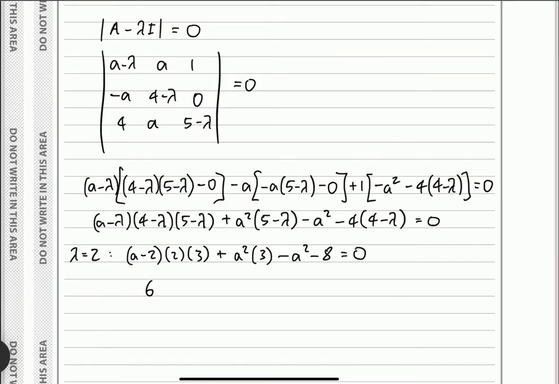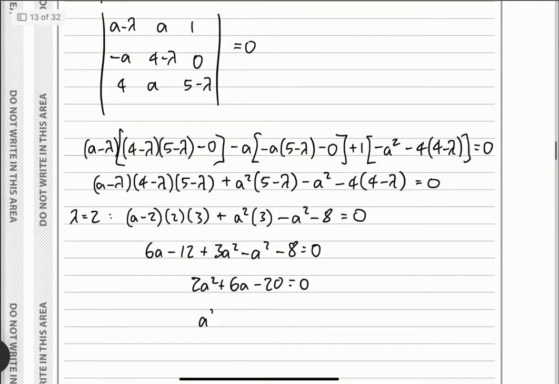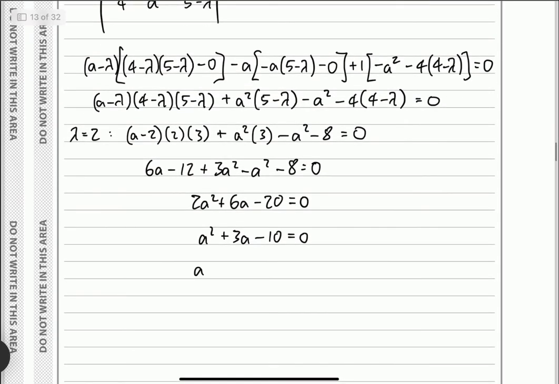That gives us 6a minus 12 plus 3a squared minus 8 is equal to 0. 3a squared plus 6a minus 20... it'll be easier to factorize if we divide. And that's going to give us a plus 5 and a minus 2. So a is minus 5, or a is 2.